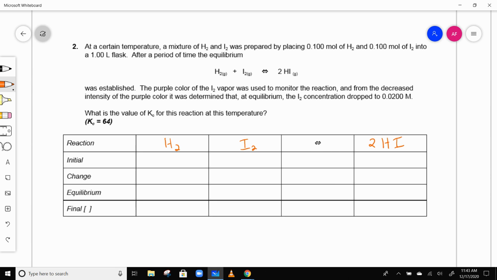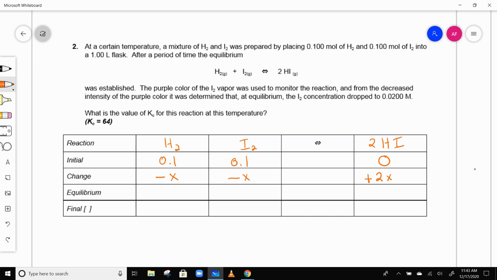Now the initial concentrations, we start with 0.1 of this, 0.1 of this, and none of this. Now because we start with only reactants, we know that the reactants are going to go to products. So the change here is going to be minus x, we don't know how much, but we know it's going to be minus x, and we know that this is going to be plus 2x.